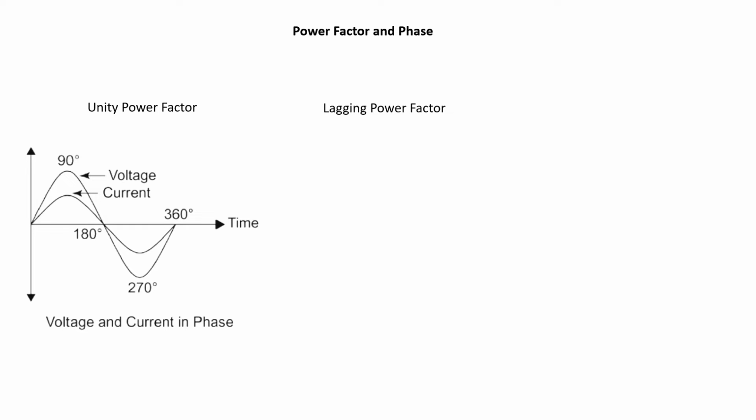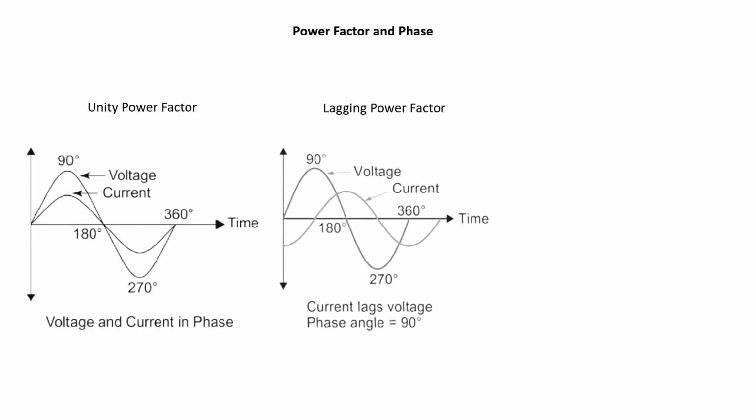Lagging power factor. Inductive circuits create a lagging power factor when generating and sustaining a magnetic field for an induction motor. The voltage first builds to a peak value before the current rises to its peak value. The phase angle between these peak values is measured in electrical degrees, in which one cycle is 360 degrees.